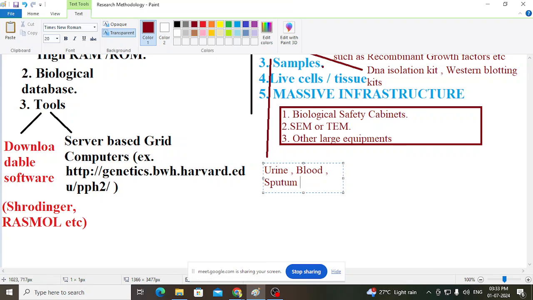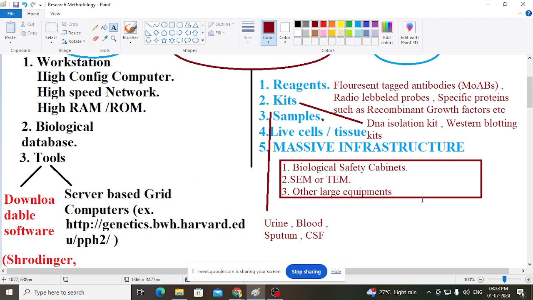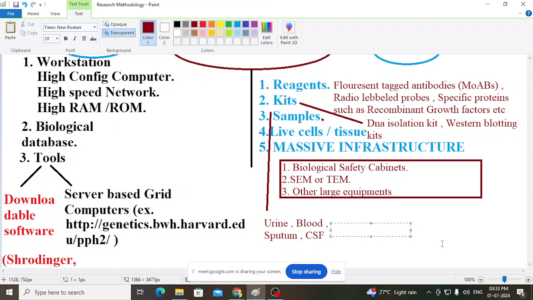Sputum means some kind of body fluid. Or there could be CSF, cerebrospinal fluid. And n number of different things could be there, which are very difficult to collect. And here is a very important thing: you need to stick to ethical guidelines as well. There are some ethical guidelines before collecting all these things.